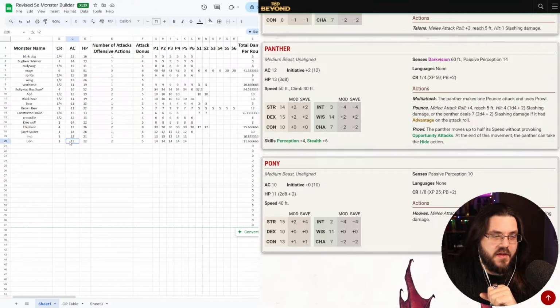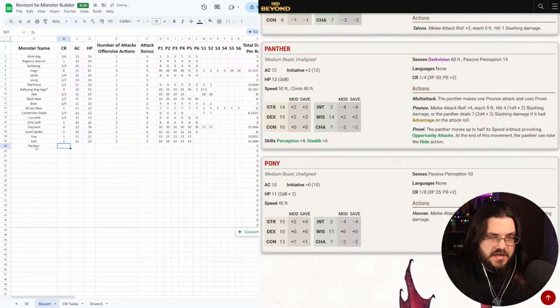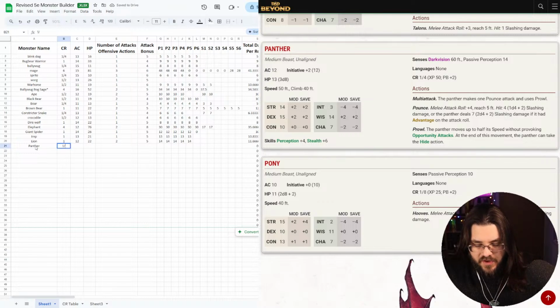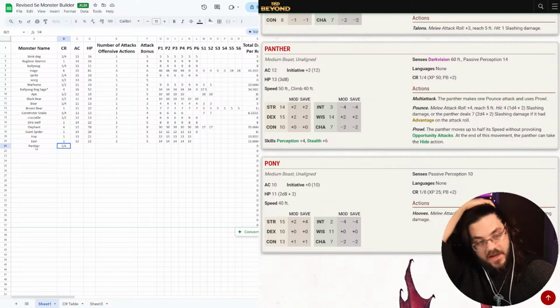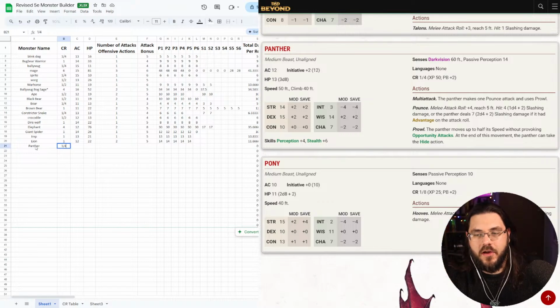Let's go Panther. Anything CR 1/4 that's not tiny and that sparks my interest, we'll try and cover. Anything lower than that, I think, is so low that I can't imagine ever wanting to create a monster, because my primary goal for doing this is to create my own monsters for publication. I'm not interested in making monsters at that low CR, to be perfectly honest.